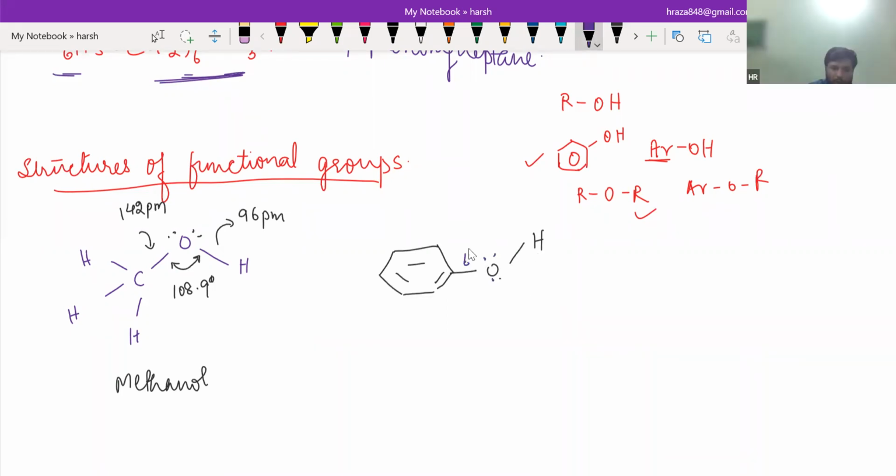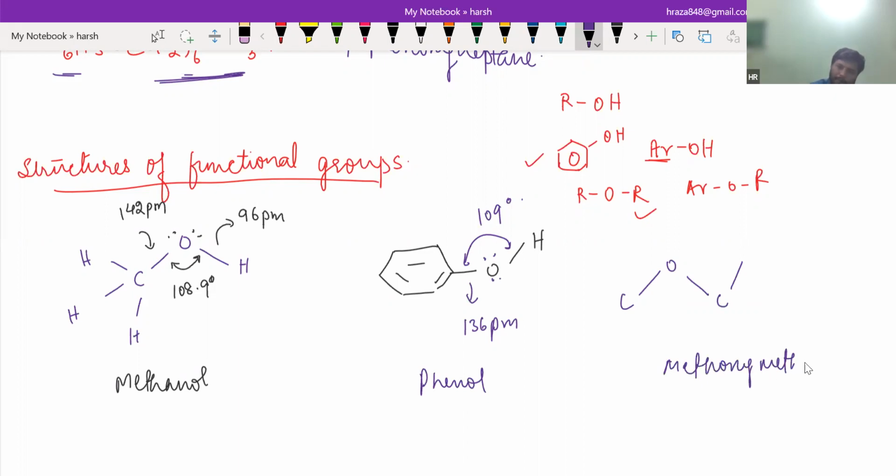So I'm just going to write the bond angle, 109 degree it is, and the bond length, this is 136 picometer. Again, you can see, the name of this is phenol, and this is methoxymethane. I'm going to write the structure of methoxymethane.